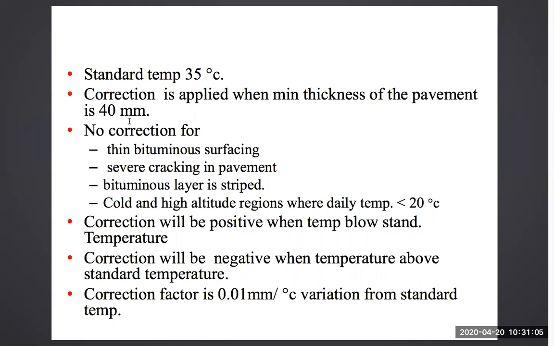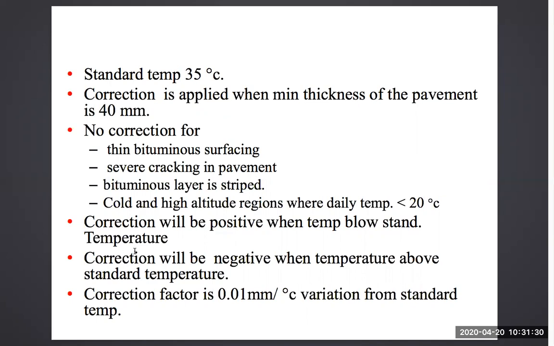There is no correction for thin bituminous surfacing, severe cracking, or a stripped bituminous layer; directly the overlay will be given. So correction is applied if your pavement surface layer is 40 mm.